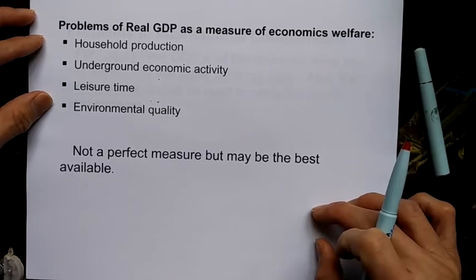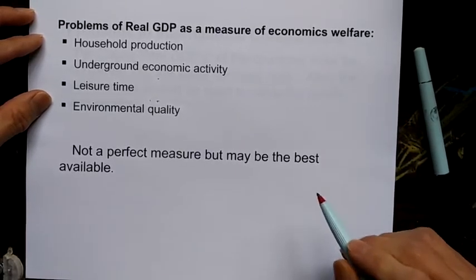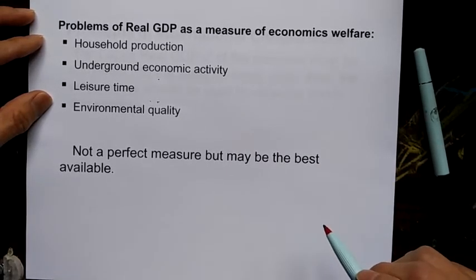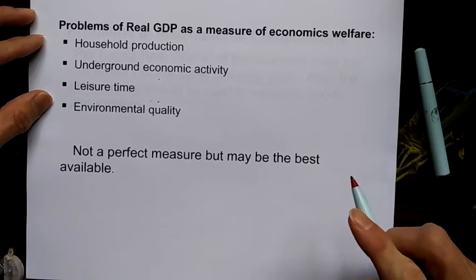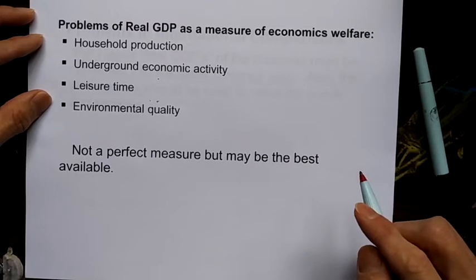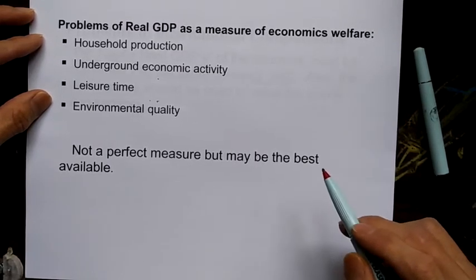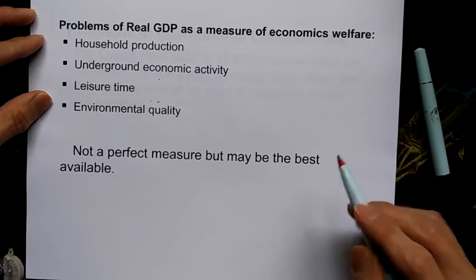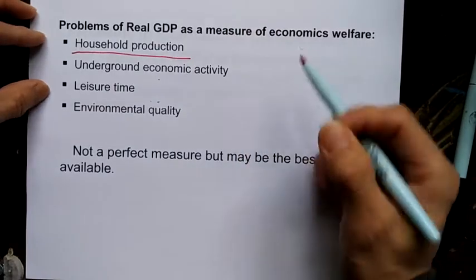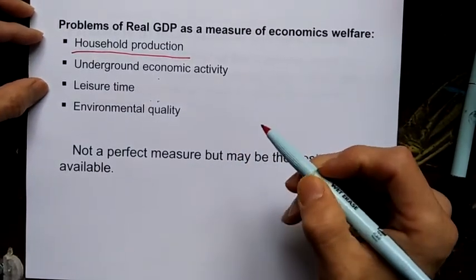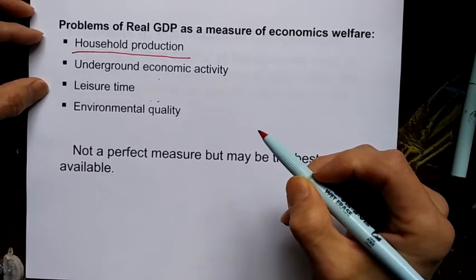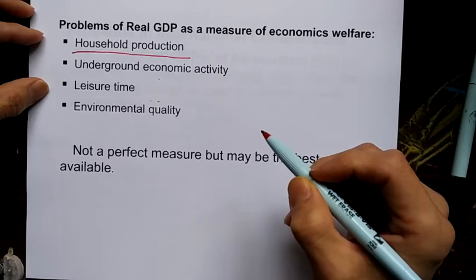Now, we have introduced real GDP as a measure of the quantity of the aggregate market. It is not the measure, because there is no the measure of the quantity of the aggregate market. So there are some problems of real GDP as a measure of economic welfare. The first one is, remember, household production is not included in the calculation of GDP because it does not have a market value.